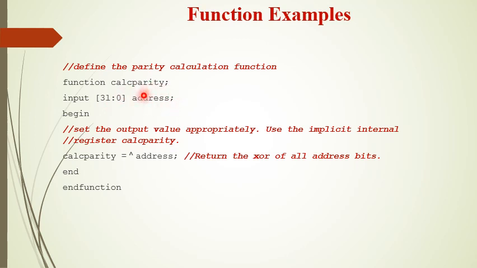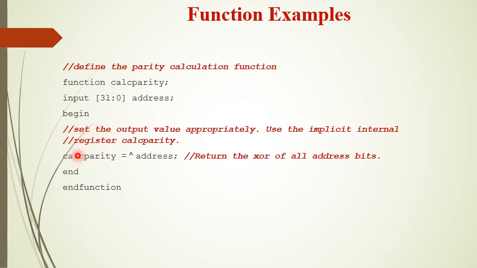Here I have used a different name. In the main program I have used ADDR, and here I say ADDRESS. So it is going to map that. While invoking we have used one argument ADDR, that will be mapped to, copied to this address variable.